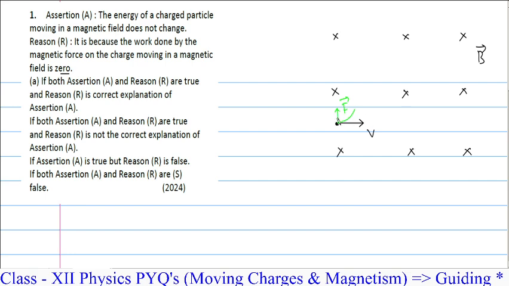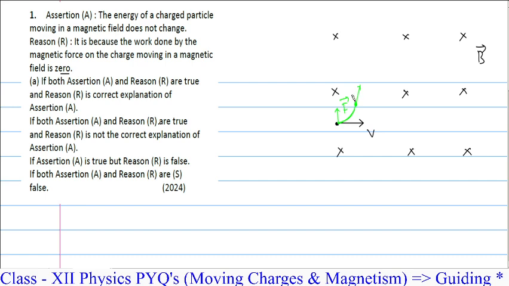Initially it was moving towards right, and due to this force it will start moving away from its original path. So it will move like this. At this point also, the direction of velocity will be tangential to the path, that means the displacement will be along the direction of velocity.